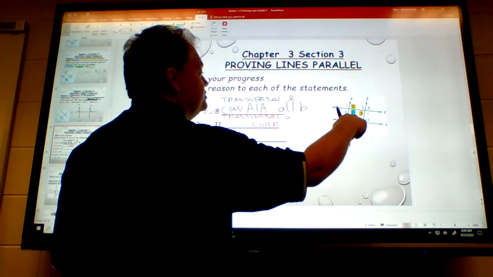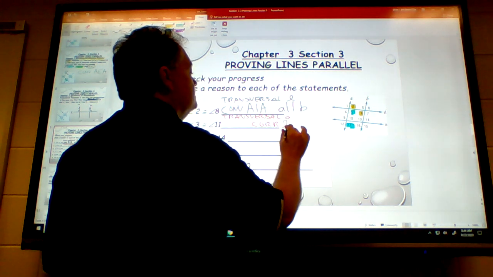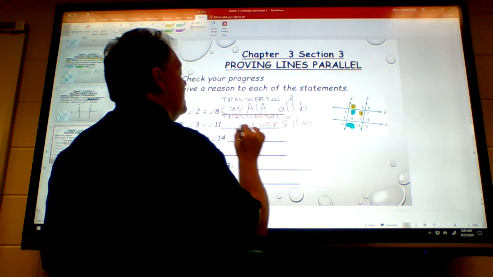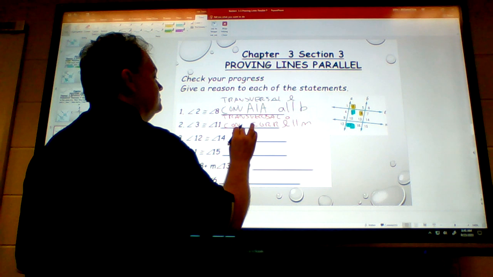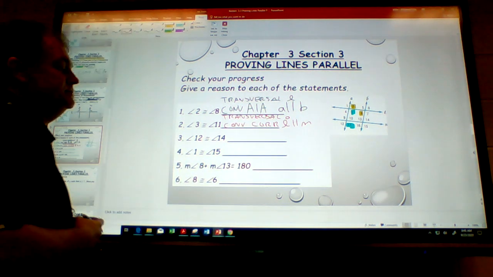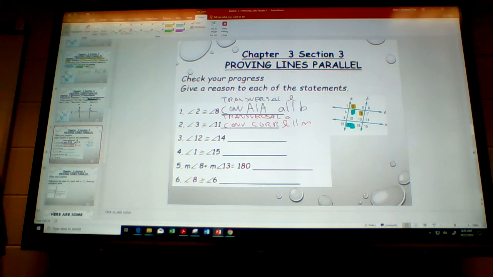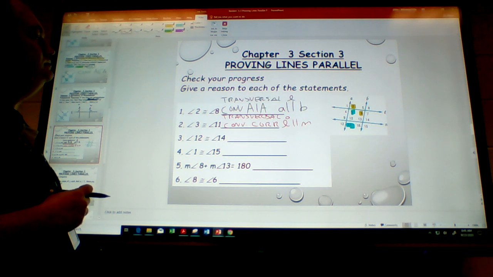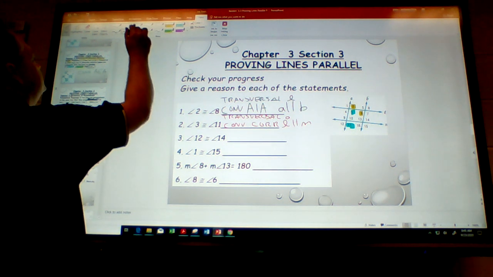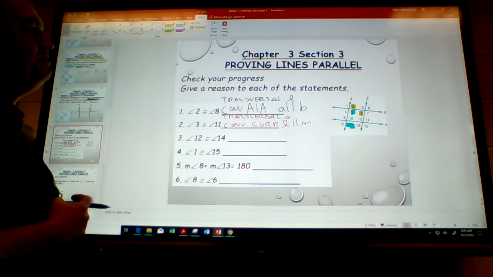And because A is the transversal, we're trying to prove that L is parallel to M, and that is by the converse of corresponding angles. All right. We're doing good so far.